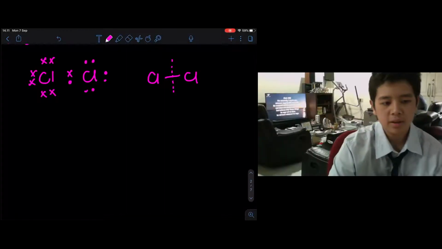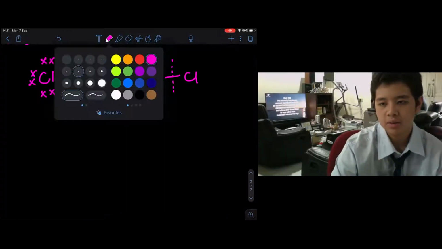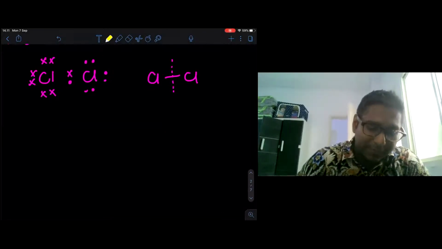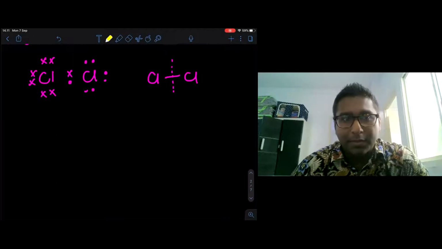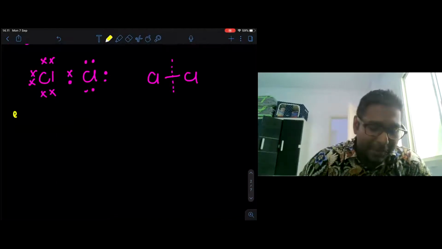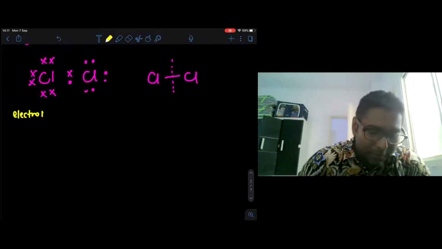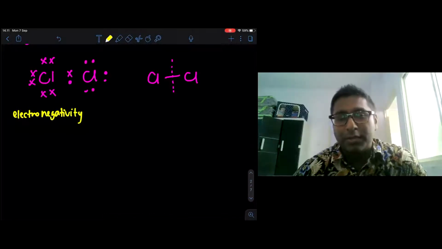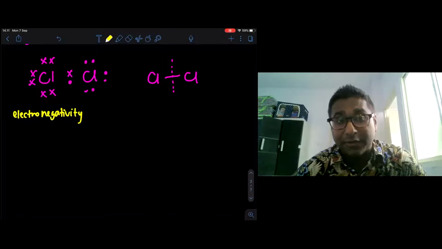Both of their delta is equal, no delta positive or negative. Rather than saying that, you can say that both of them are the same atom. Therefore, they have the same electronegativity. So what is the definition of electronegativity? Ability to pull the covalently bonded electrons to itself.